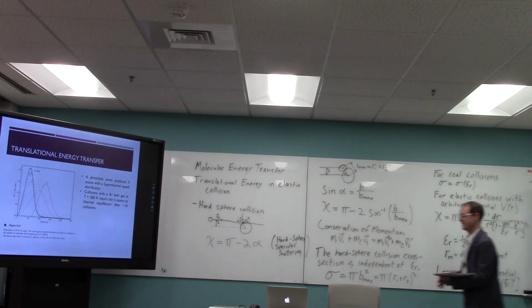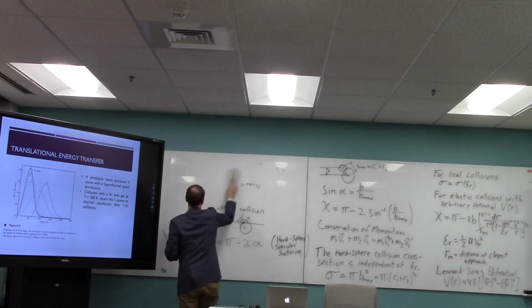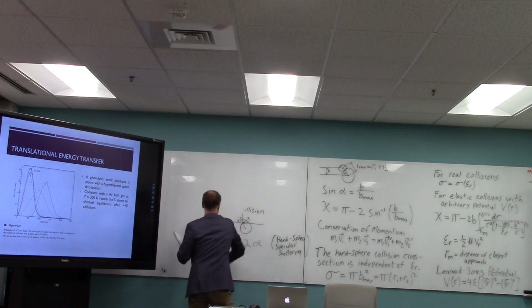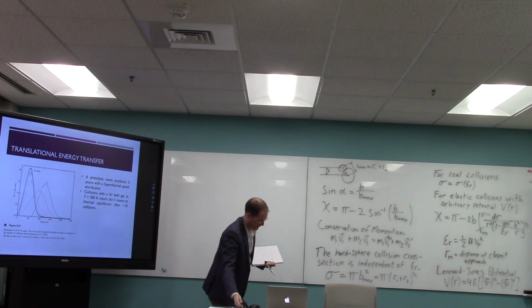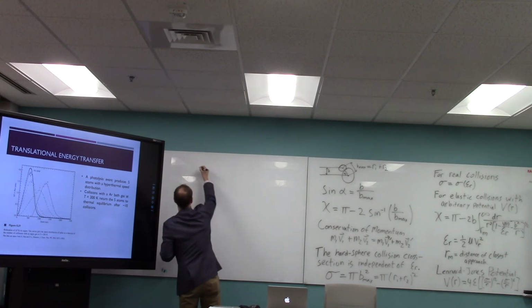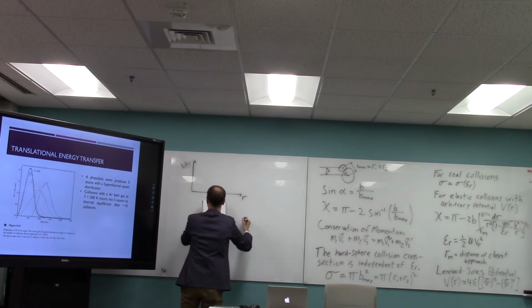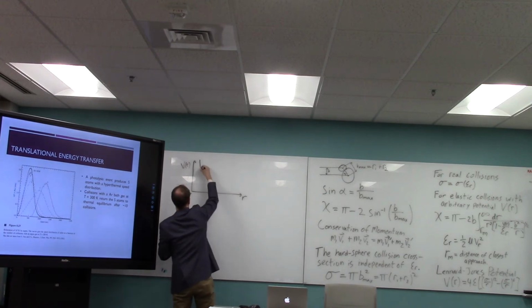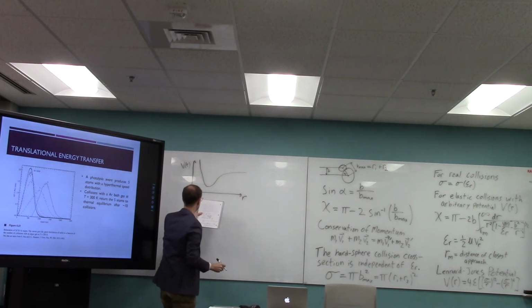Okay, and let me just sketch what that looks like. If you plot V of R versus R, this potential has an attractive part and a repulsive part.